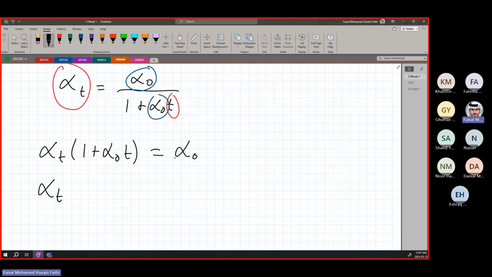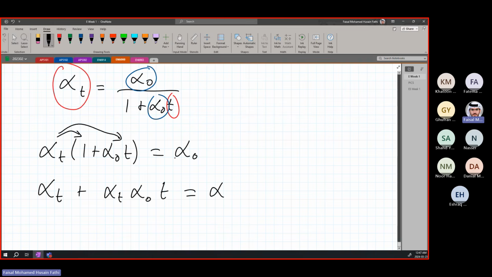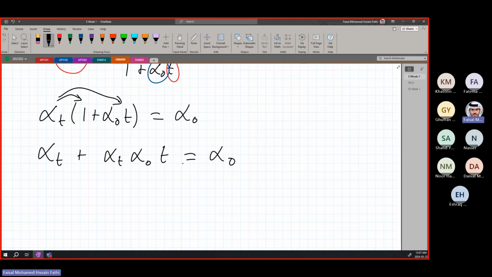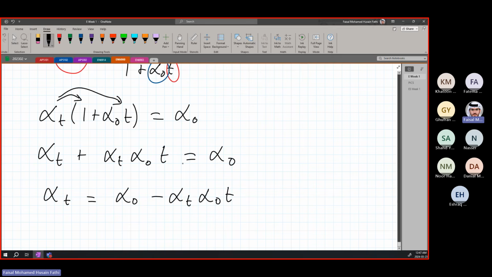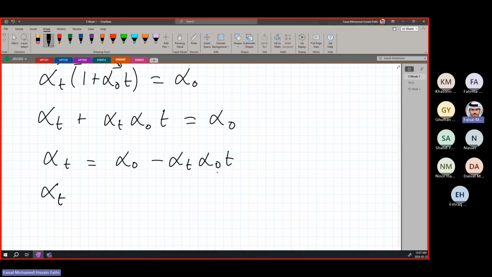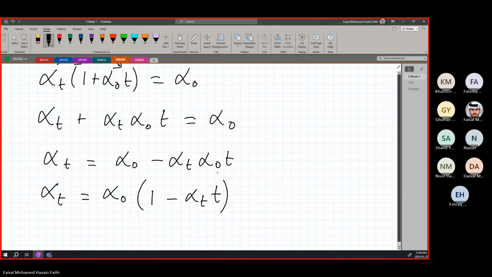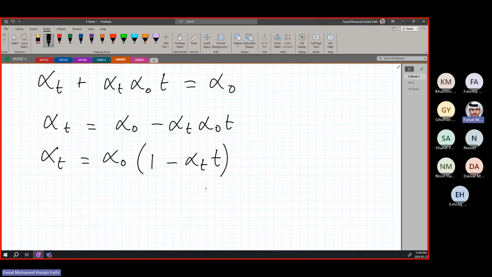Distribute: alpha T times 1 is alpha T, plus alpha T alpha 0 T, is equal to alpha 0. Move alpha 0s to one side, so alpha T is equal to alpha 0 minus alpha T alpha 0 T. Take the common factor alpha 0 out. So what will be remaining? It's going to be 1 minus alpha T times the temperature T. And now we will divide over so that alpha 0 is by itself.